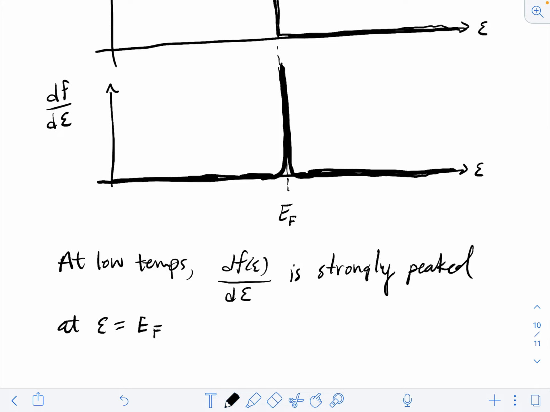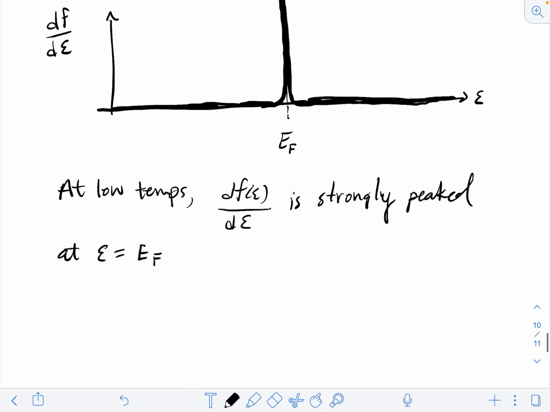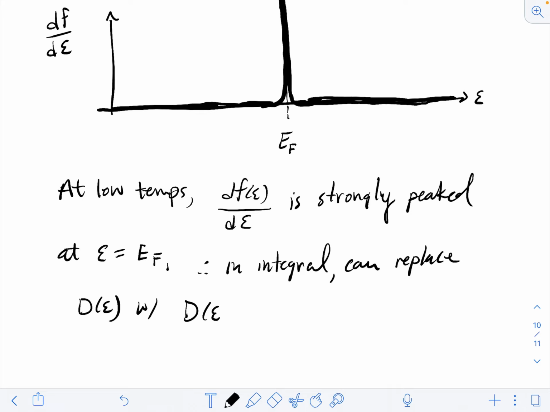I've been using capital E for the Fermi energy. Okay, so therefore, in the integral, we can replace the density of states with the value at the Fermi energy.